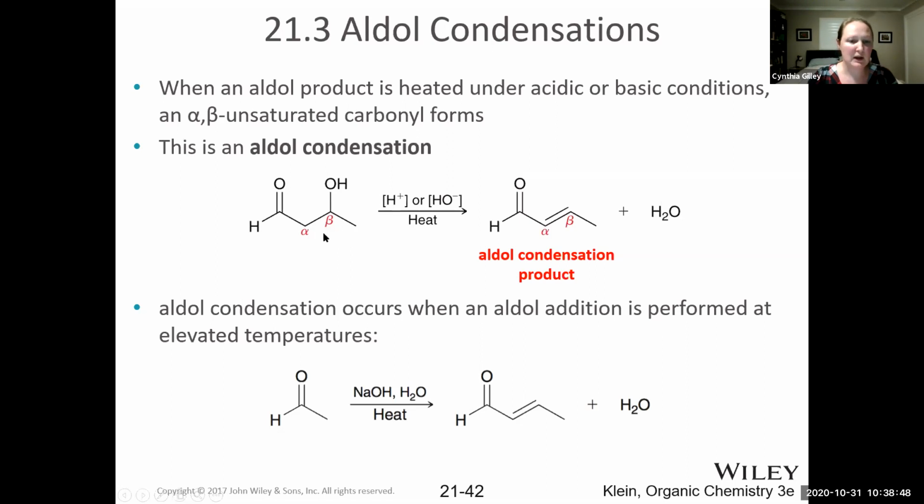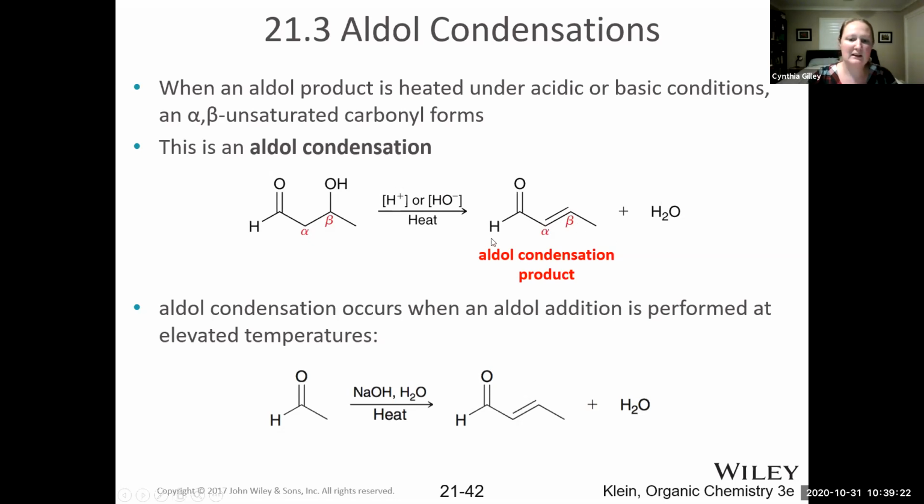If we want to convert the product, we can just continue with the sodium hydroxide treatment and heat the reaction up, or we could isolate the product and then switch to acid and heat that up. So either catalytic acid or base will convert the aldol addition product to the aldol condensation product. It's a condensation reaction because we have expelled a small molecule, in this case water, and formed a double bond.